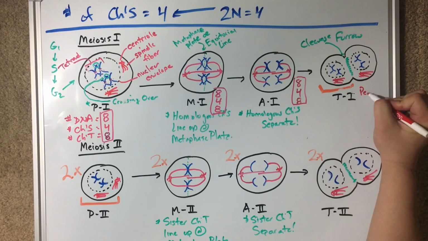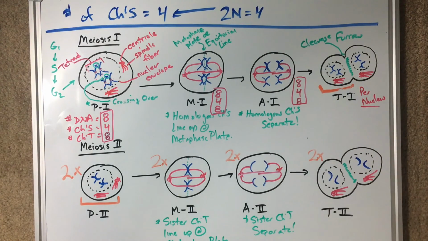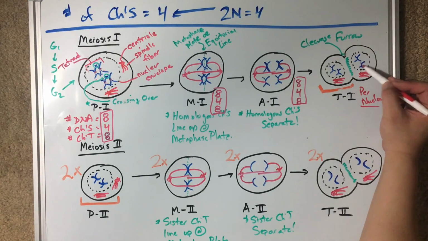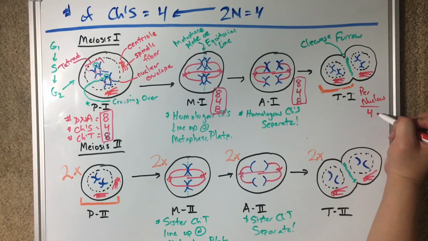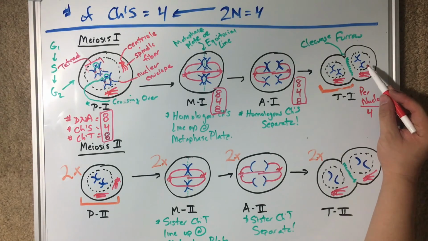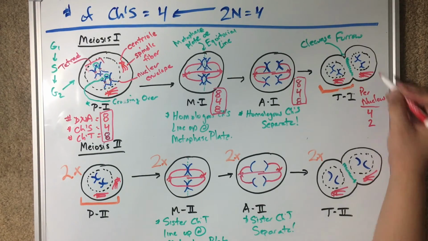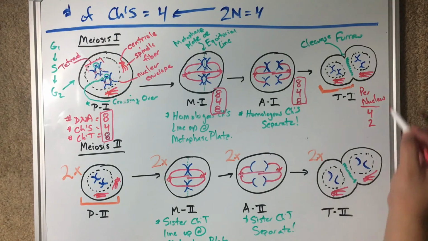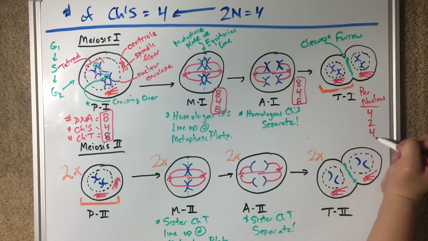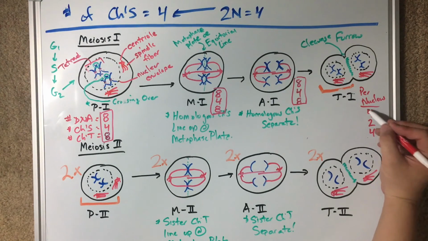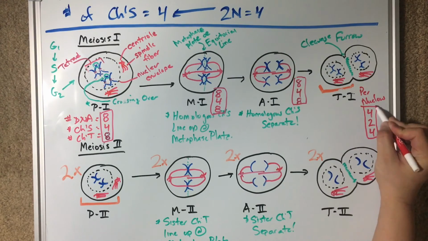Remember, it's per nucleus. So in telophase 1, I see 1, 2, 3, 4 DNA molecules. I also see 2 chromosomes. There's 2 entities here. And I see 4 chromatids, or sister chromatids.